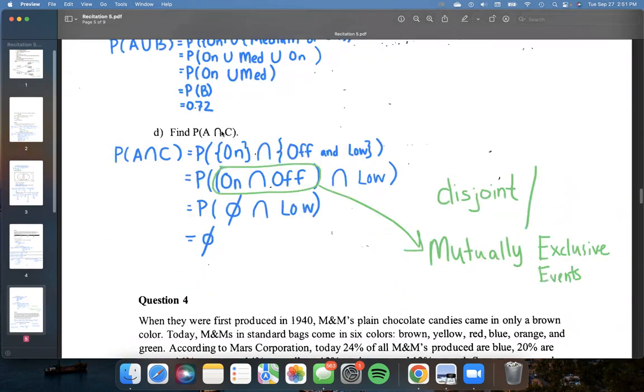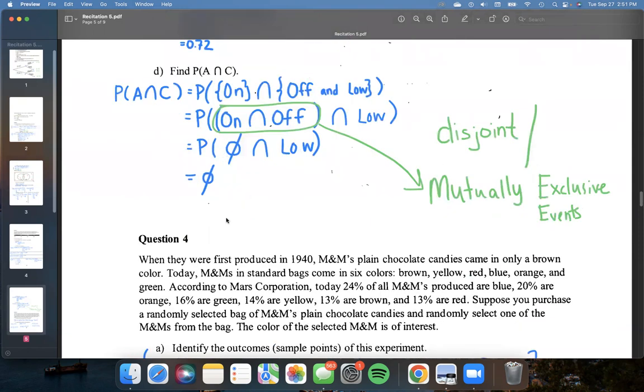All right, now we're on to question 4. When they were first produced in 1940, M&M's plain chocolate candies came in only a brown color. Today, M&M's in standard bags come in 6 colors: brown, yellow, red, blue, orange, and green. According to Mars Corporation, today 24% of all M&Ms produced are blue, 20% are orange, 16% are green, 14% are yellow, 13% are brown, and 13% are red.